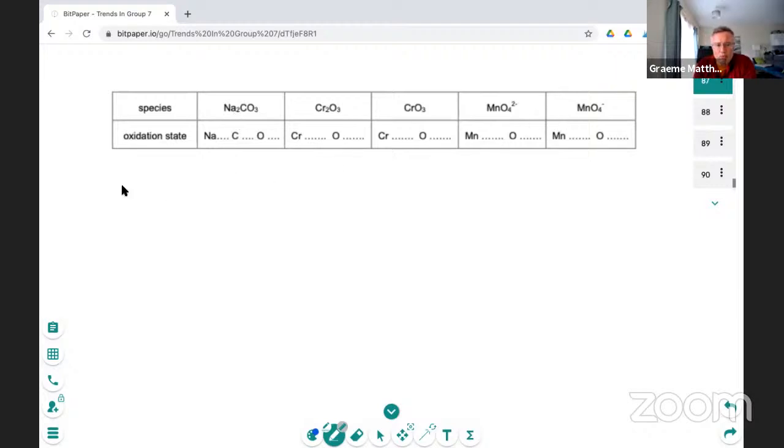Let me start out with this one, Na2CO3. Over here are common oxidation states, ones that tend to be fixed and tend to occur all the time. So, common oxidation states.